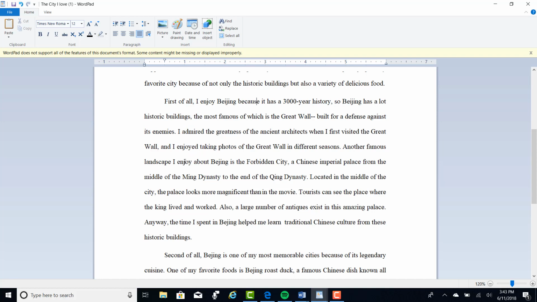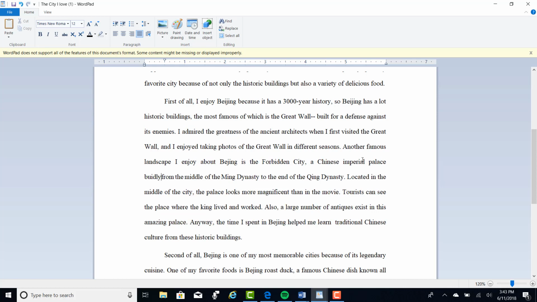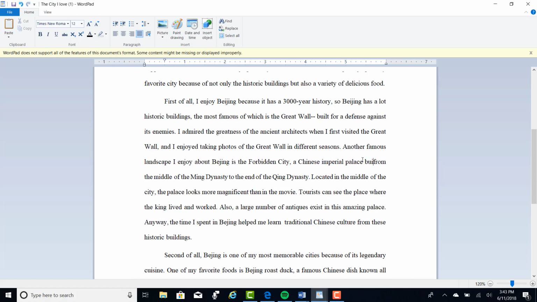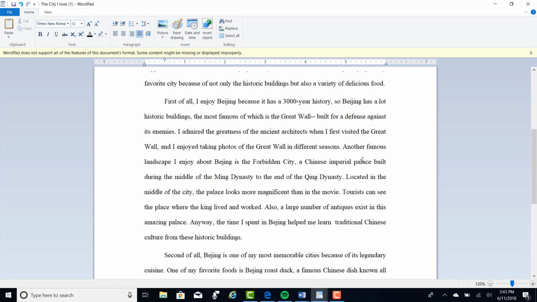Another famous landscape I enjoy about Beijing is the Forbidden City, a Chinese imperial palace, maybe built during the middle of the Ming Dynasty to the end of the Qing Dynasty. Located in the middle of the city, the palace looks more magnificent than in the movie.